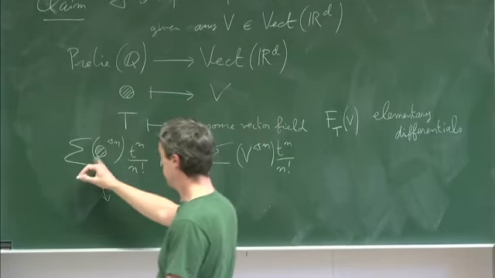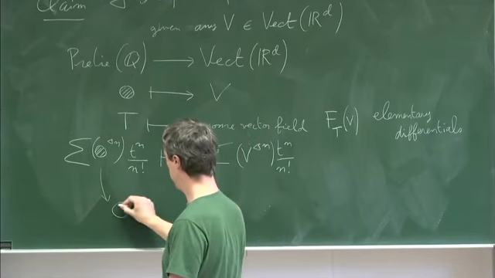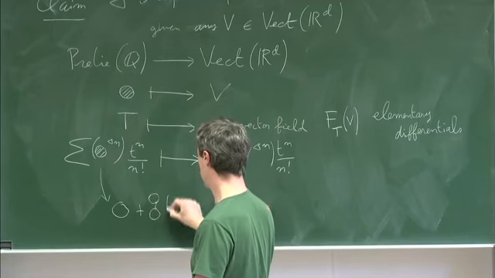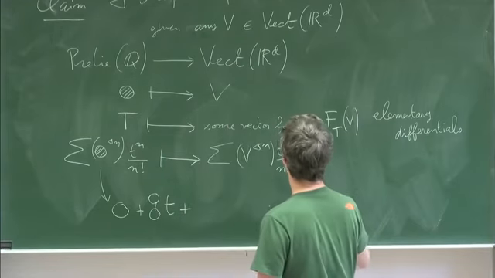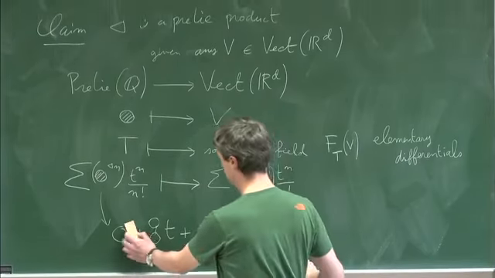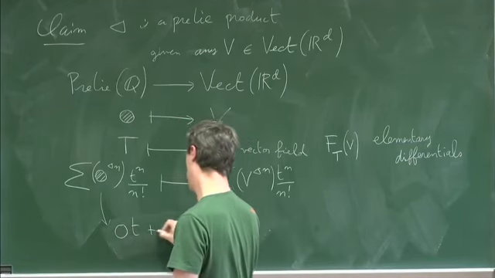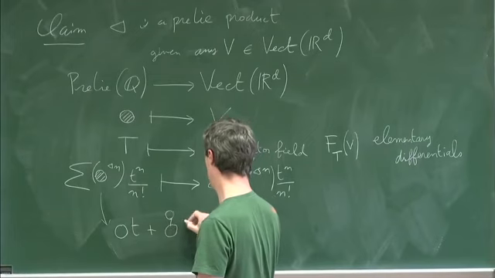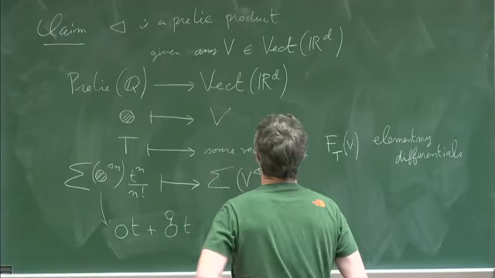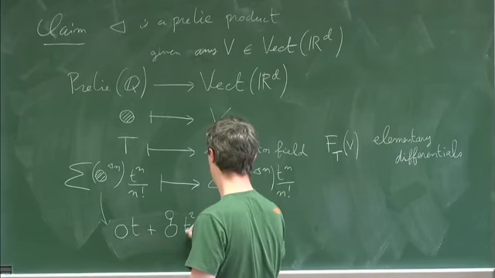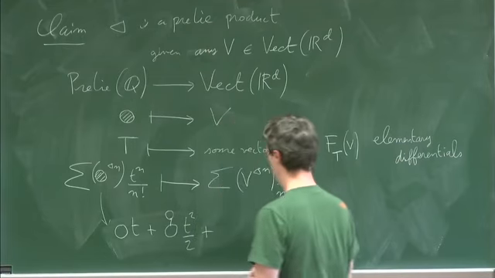If we look at the first few terms of this formula, we have this one times t, plus this one times t squared over 2, plus.